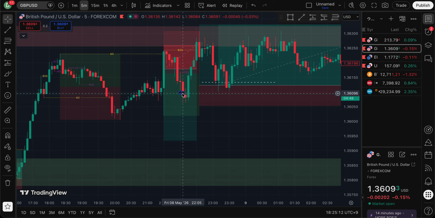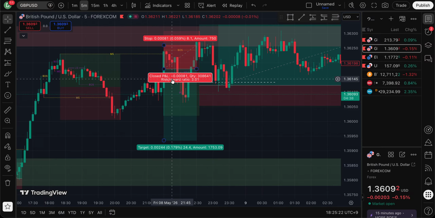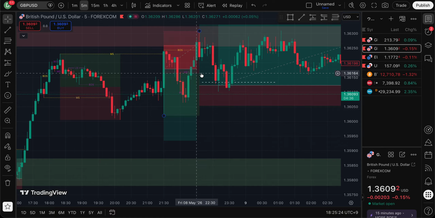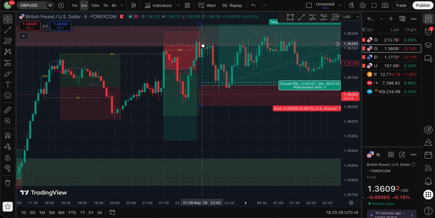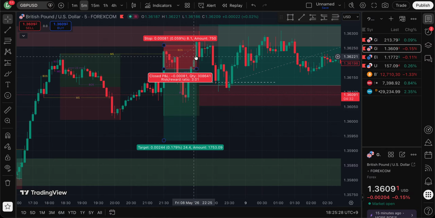So around here I should have either placed a break even or exited the trade because there was a mark shift right here, and then the price would eventually go up, and that's what happened. Price ended up creating a break of structure and eventually hitting my stop loss.